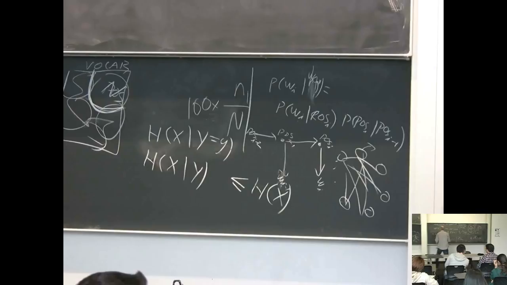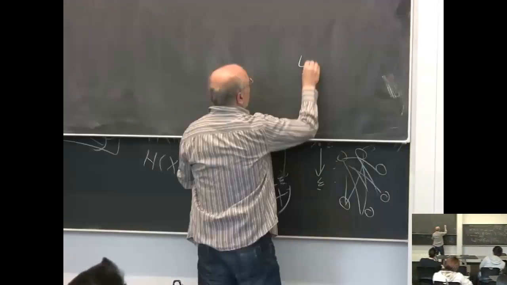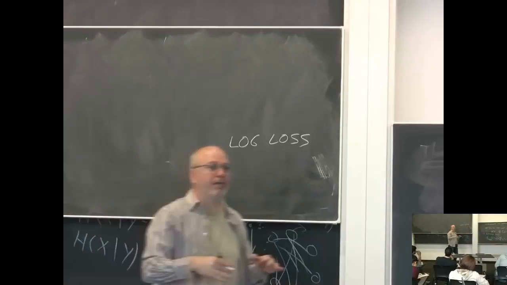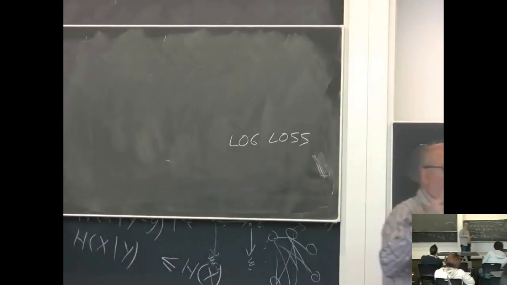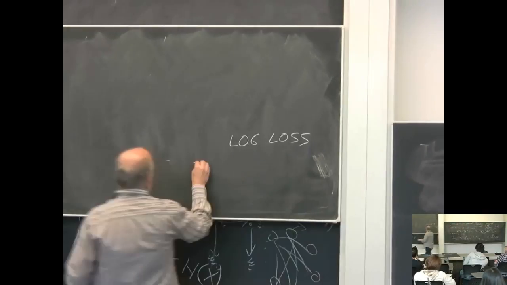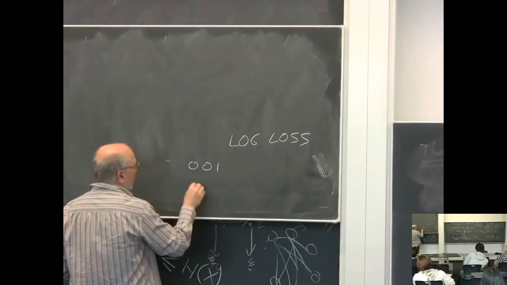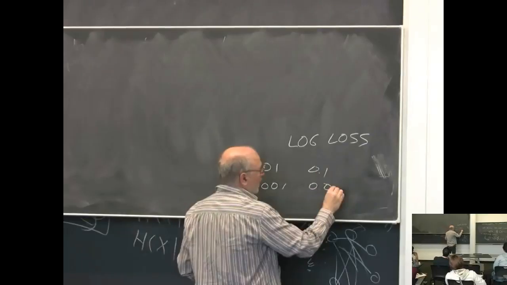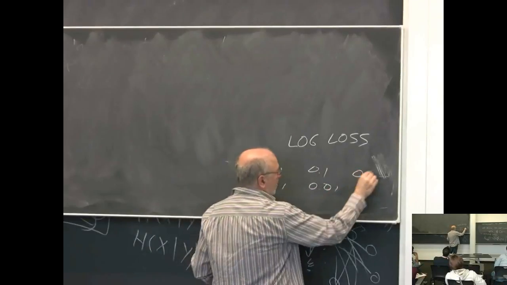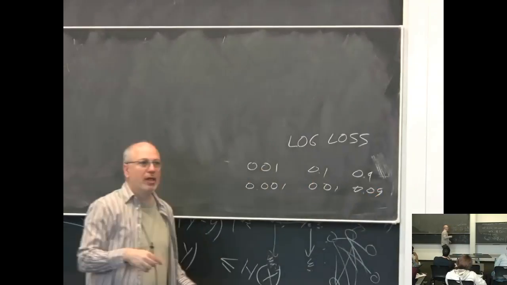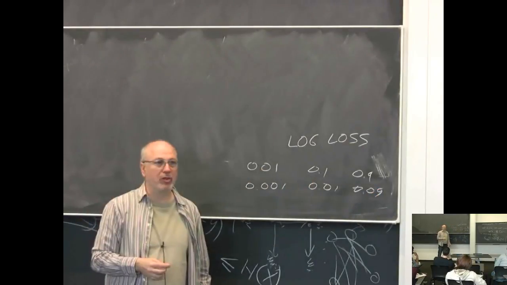Okay? You will hear the expression log loss. That means that if you underestimate by a factor of k or overestimate by a factor of k, that counts one way. It doesn't matter if you underestimated 0.01 to be 0.001 or 0.1 to be 0.01 or 0.9 to be 0.09. In all cases, it's the same factor that matters.